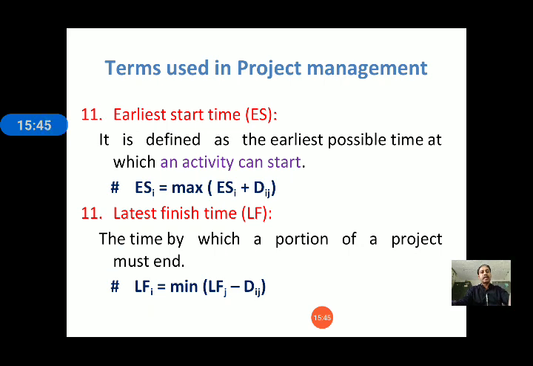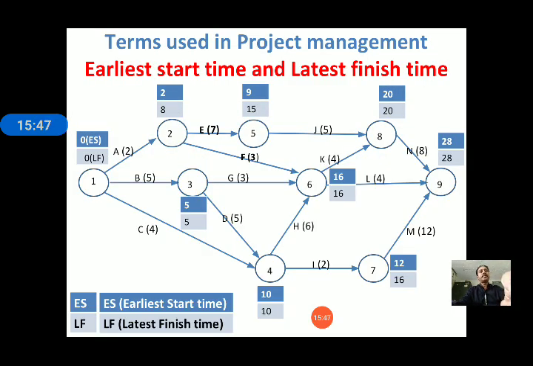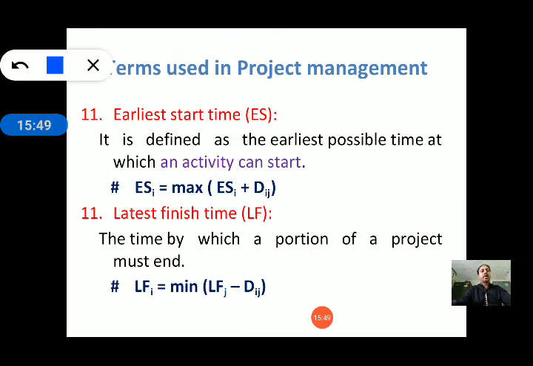And this is the equation to find out the earliest start time: ES of i, where i means tail event, is equal to the maximum of ES, earliest start time of the tail event, plus Dij, meaning duration.